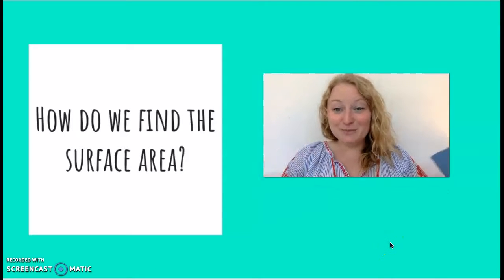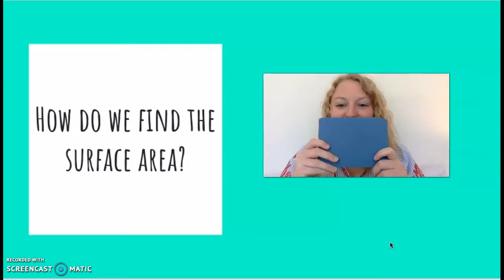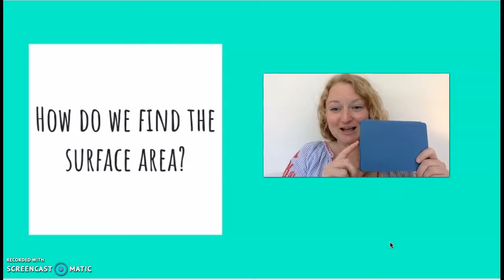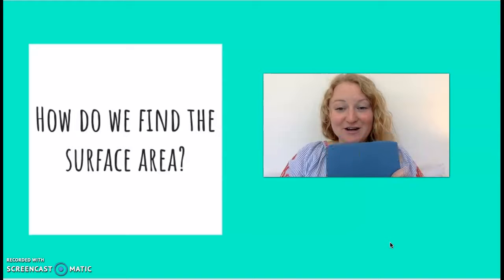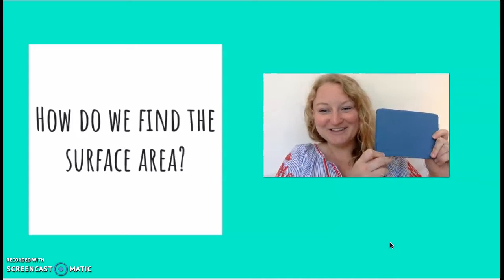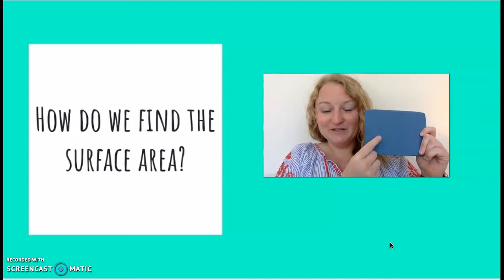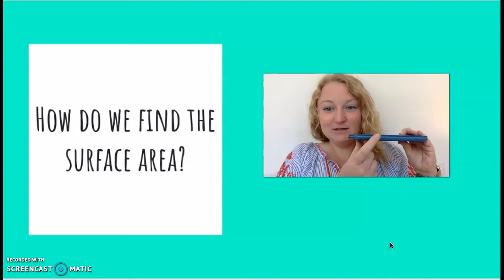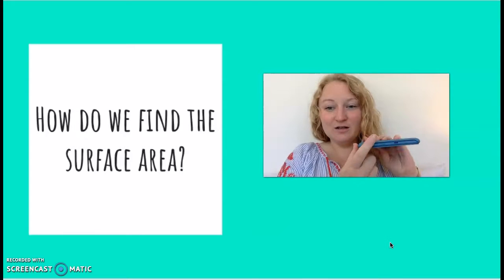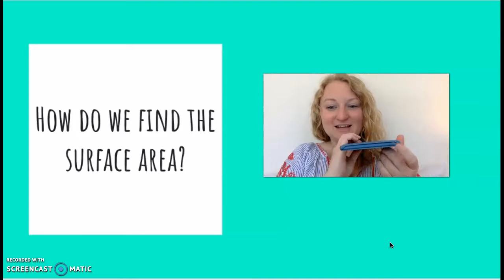Well, finding surface area is pretty simple once you know how to find area. If I asked you to find the area of this rectangle, you would multiply the length times the width. All you're going to do for surface area is find the area of each side of your 3D figure and then add them together. So for my Kindle, I would find the area of this rectangle, 1, 2, 3, 4, 5, and 6.